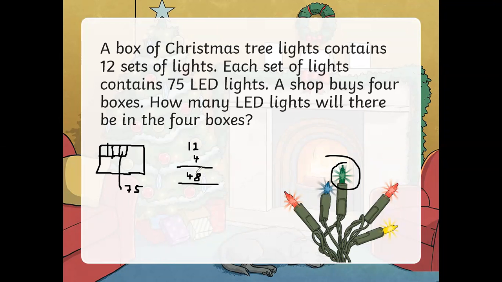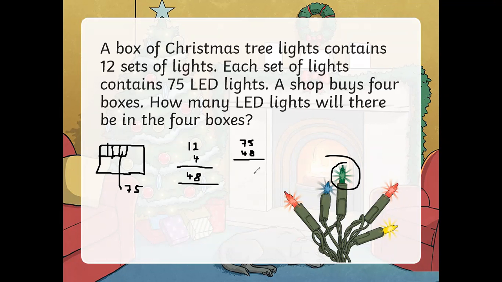So now we know that there are 48 sets that they buy in the 4 boxes, and it says each set of lights contains 75 LEDs. So here we're going to have to do some long multiplication. We're going to have to go 75 times 48. This will give us the total number of LEDs in the 4 boxes.